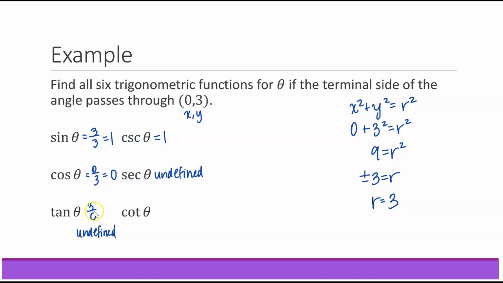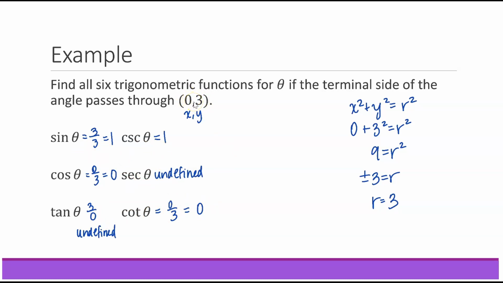And for cotangent, we originally had 3 over 0, which gave us undefined. Now if we switch the numerator and denominator, we get 0 over 3, which is 0. So here we have found all 6 trigonometric functions, given that we passed through the point (0, 3).